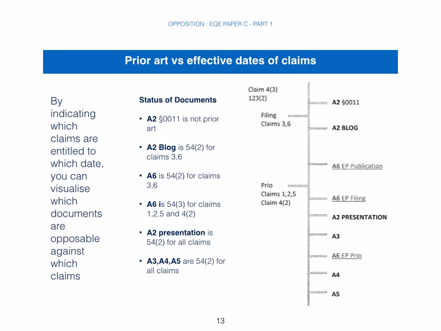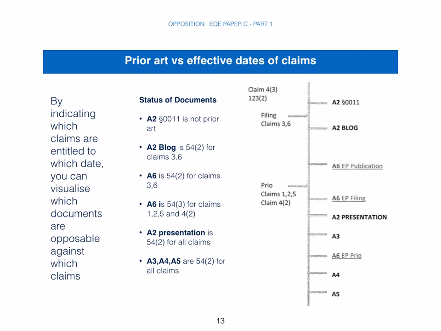Next, we notice that A6 is published also between the filing date and the priority date. So A6 is 54.2 prior art against claims 3 and claims 6, whereas A6 has an earlier filing date and priority date than the opposed A1's priority date. So A6 then is 54.3 prior art for claims 1, 2, 5 and claim 4 when it depends upon claim 2.